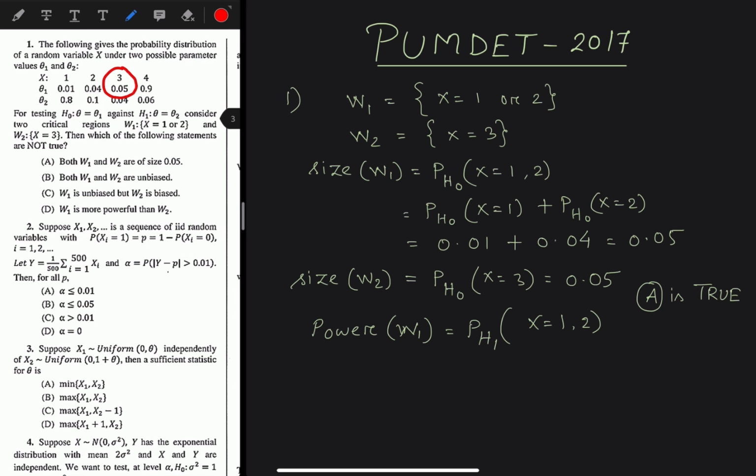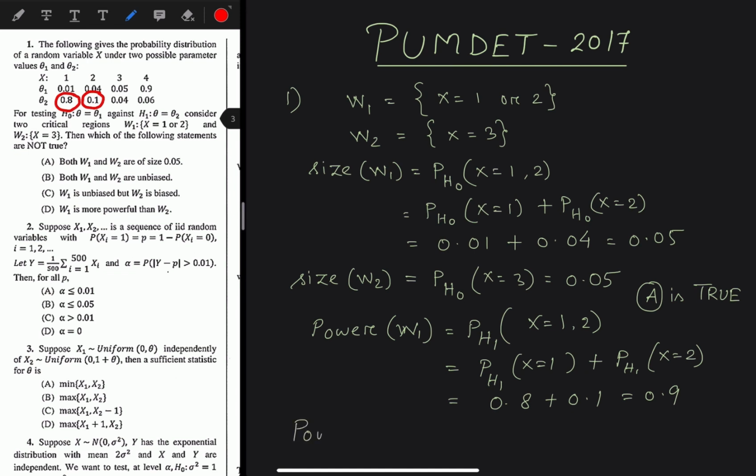Under H1 means theta equal to theta 2. So under theta equal to theta 2, we take the probability under H1, x equal to 1, plus the probability under H1, x equal to 2. From the table, under theta equal to theta 2, x equal to 1 has the value 0.8 and x equal to 2 has 0.1. So 0.8 plus 0.1 is 0.9. So this is the power of W1.